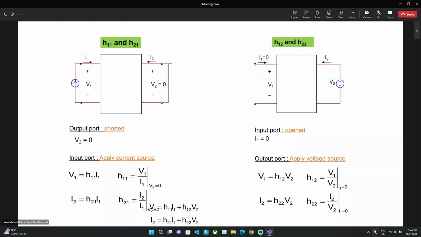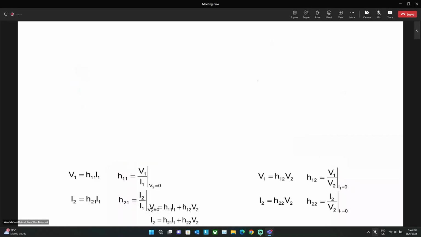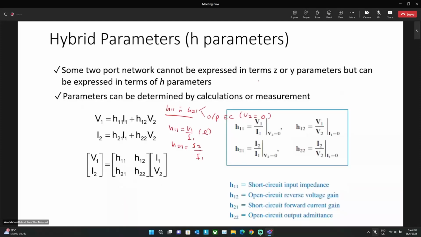Okay, equation asal dia mana? Susah betul lah ada animation ni. Ni. Equation asal ni I1 kan kat depan ni. So kita nak remove this equation. What we need to do jika kita nak remove adalah kita H12 and H22 input port kita kena open circuit so that I1 sama dengan kosong.